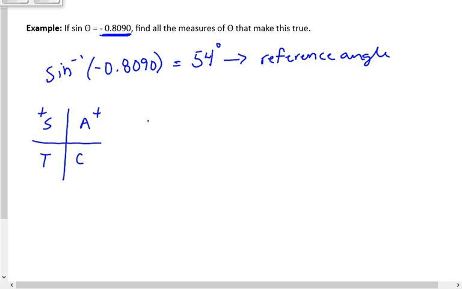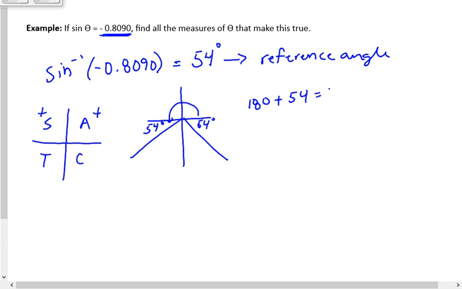So if I just sketch this to give you an idea of what I'm talking about, this is 54 degrees here, okay, and the reference angle on this side would be 54 degrees. So we need to figure out what the two angles are. From here to here would be 180 plus 54, and that would equal 234.